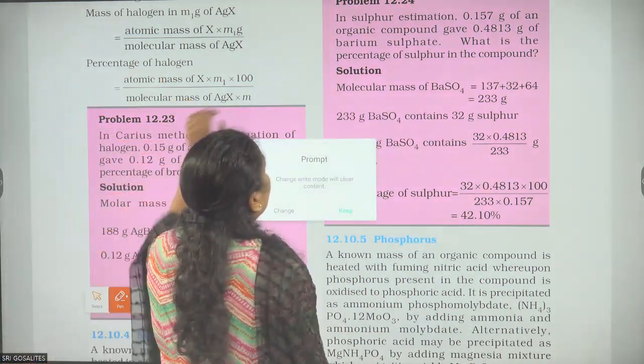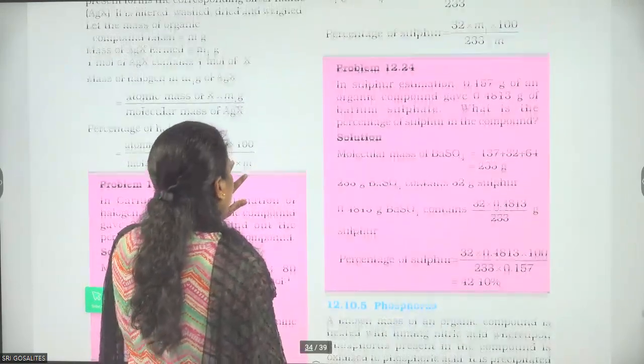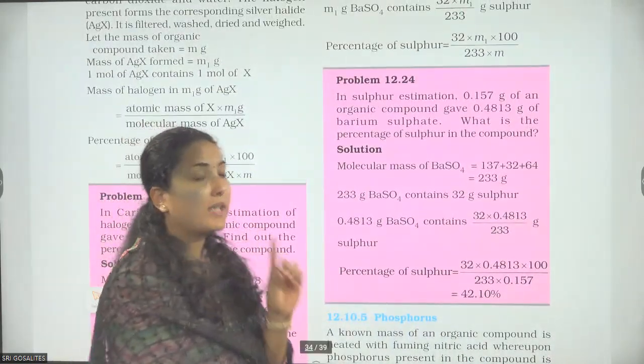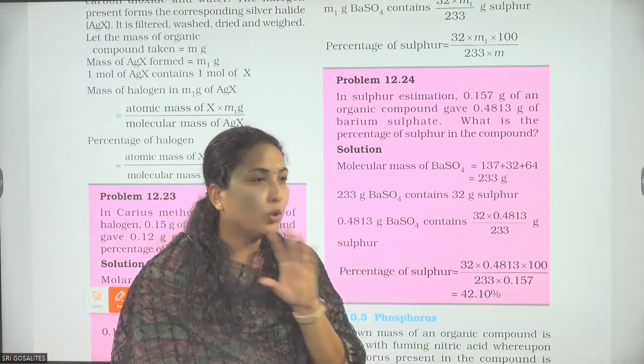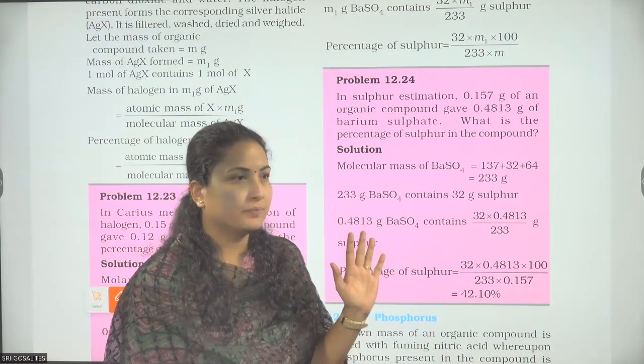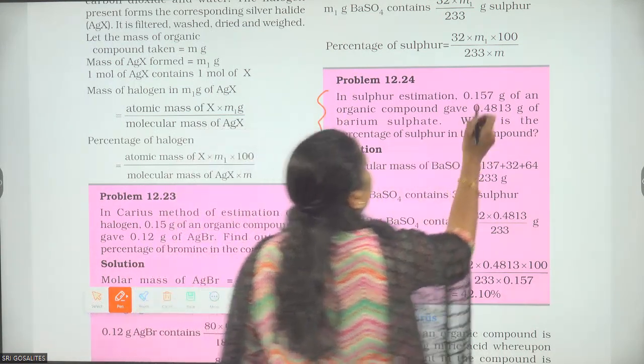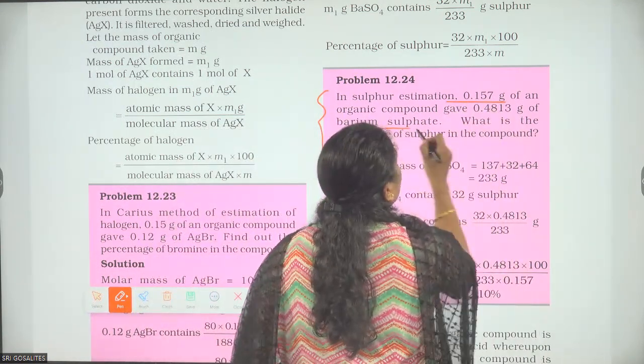Now, when it comes to sulfur estimation, do remember that sulfur in the organic compound gets converted into BaSO4 precipitate. That's the only thing you have to remember, nothing else, right? You have the mass of the organic compound and this much mass of barium sulfate.